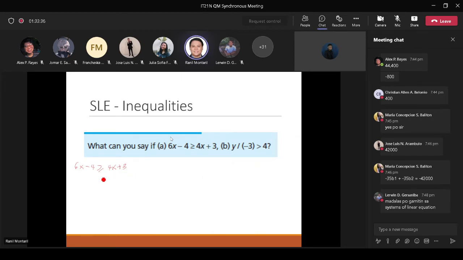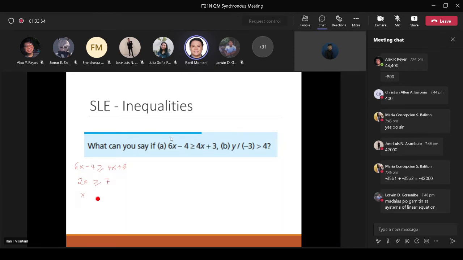Lipat natin lahat ng mga variables sa left, lahat ng mga constants sa right. So this will become 6x minus 4x, which is 2x, greater than or equal to 4 plus 3, that is 7.